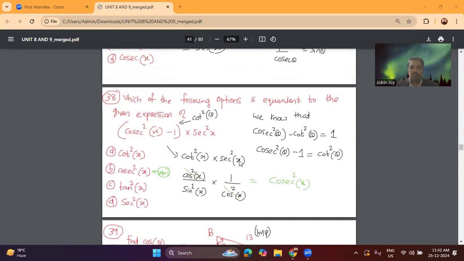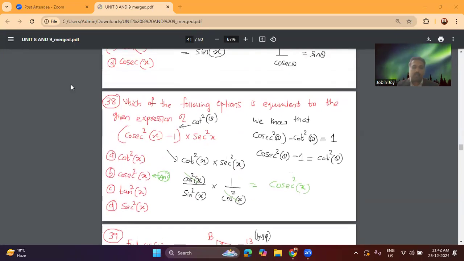Next question. Which of the following options is equivalent to the given expression? This is the expression: (cosec square x minus 1) into sec square x. Again, we have an identity: cosec square theta minus cot square theta is equal to 1. From this, I will shift the 1 to the left side and move the minus cot square theta to the right side.